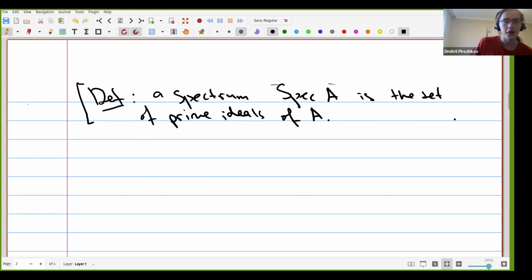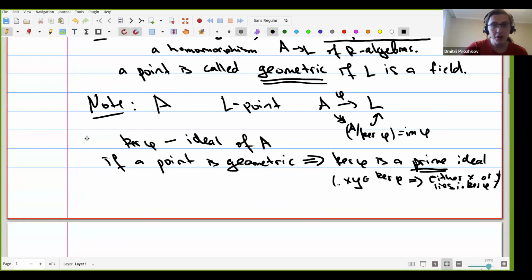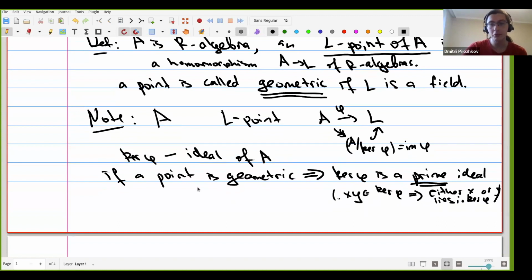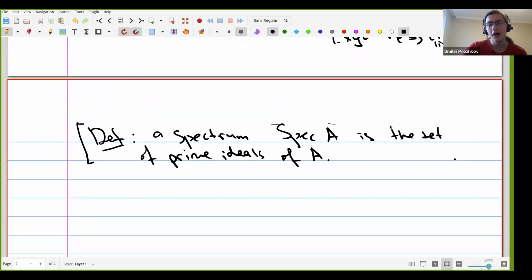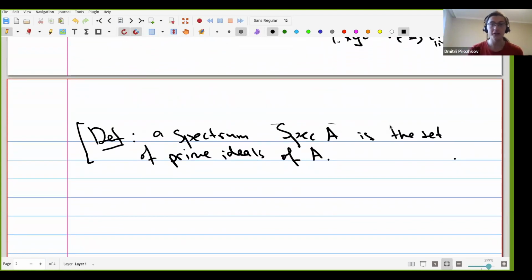As I said above, since any geometric point corresponds to a choice of a prime ideal, and then an embedding of the quotient by this ideal to L, the study of the set of prime ideals is relevant to the question of what kind of geometric points we have in A. And one extremely important property of the spectrum is the fact that it actually has a topology.